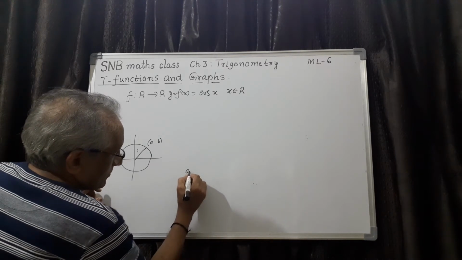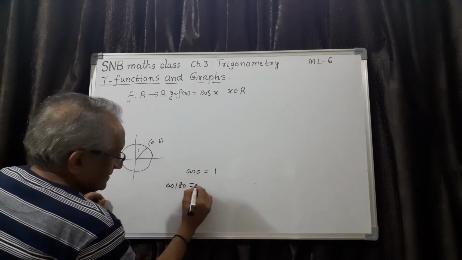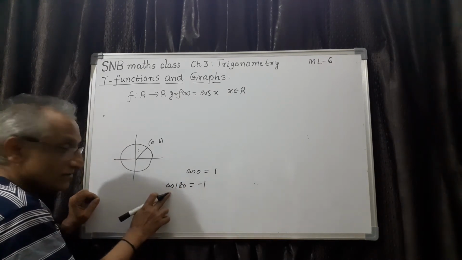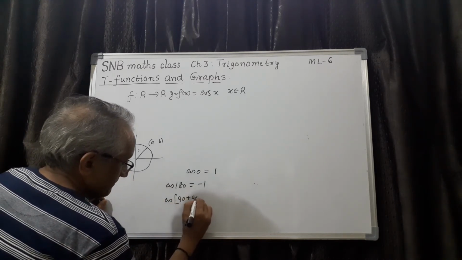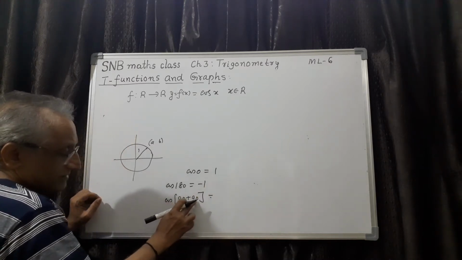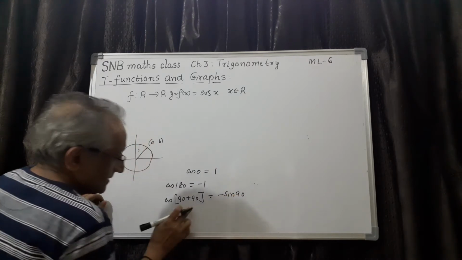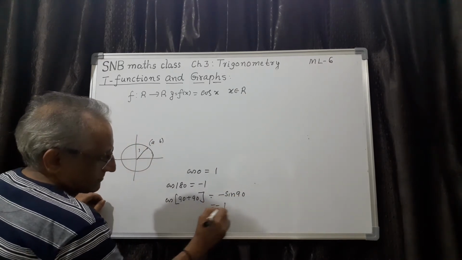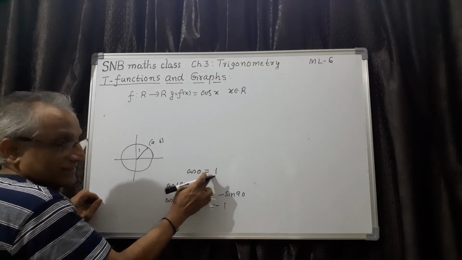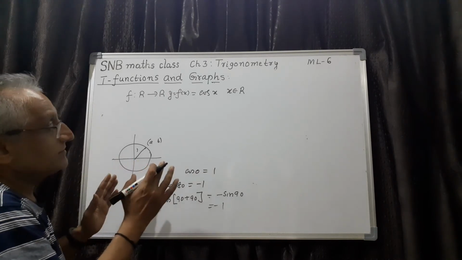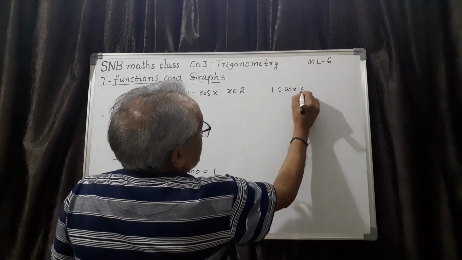For example, cos 0 is 1 and cos 180 is -1. You can check using the allied angle rules. Cos 180 is cos of 90 plus 90, and cos of 90 plus 90 means cos changes to sine, so it is minus sin 90 because it is in the second quadrant, so it is -1. So the minimum value of cos is -1, the maximum value is 1. It lies only between -1 and +1. So I can say -1 is less than or equal to cos x, which is less than or equal to 1.